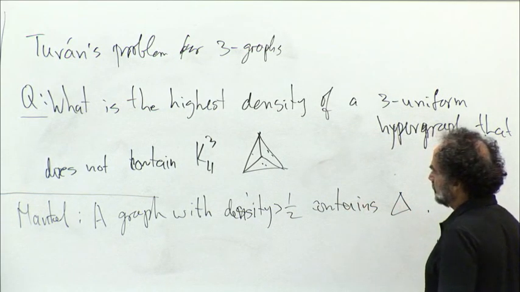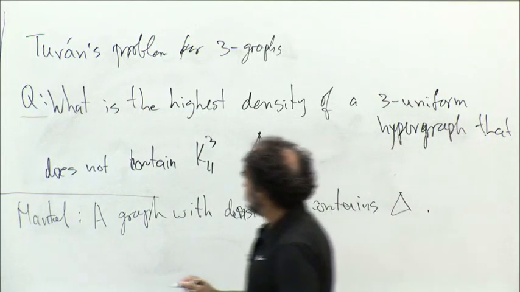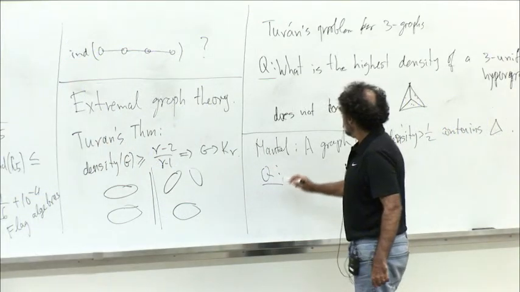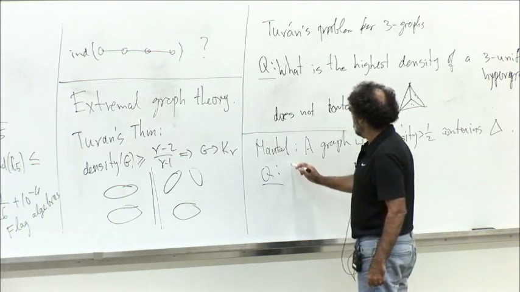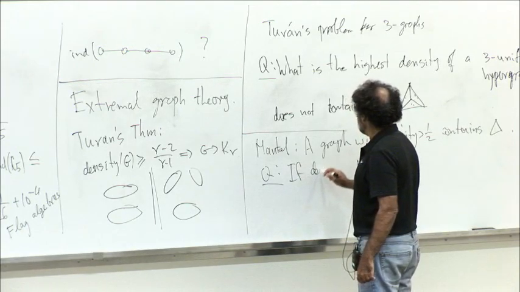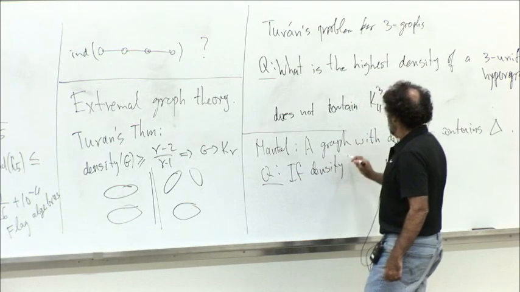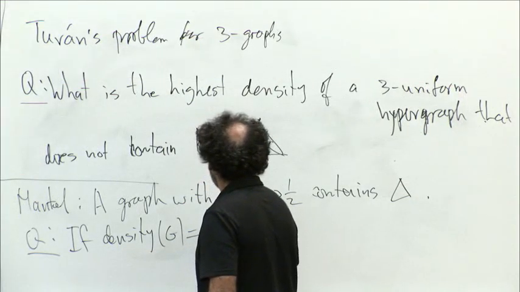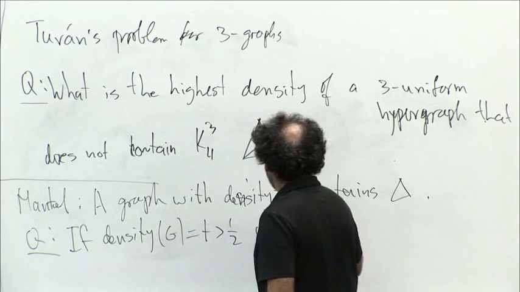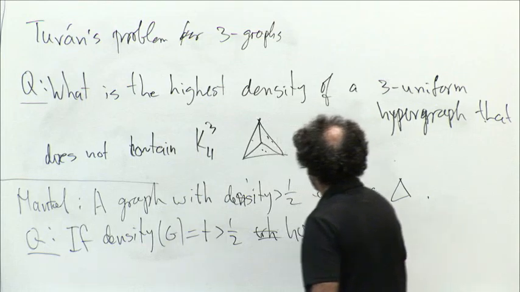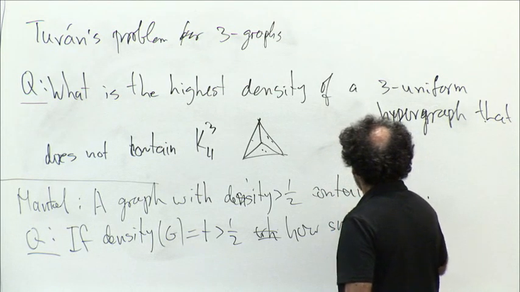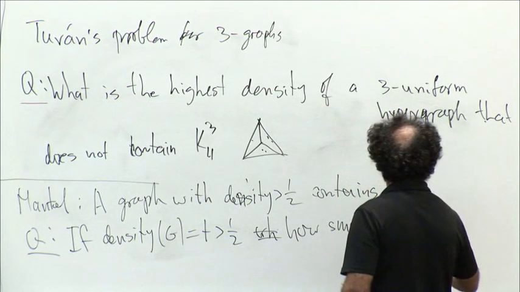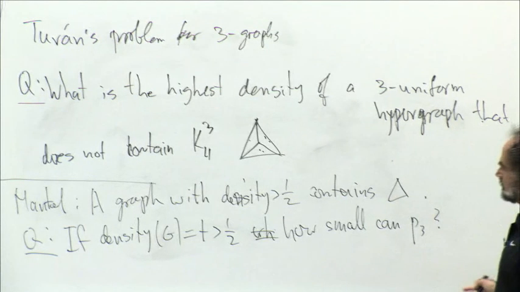And the bound is tight. So the question that remained here is, if the density of G is t, bigger than 1/2, how small can P3 be? So what's the smallest density of triangles?